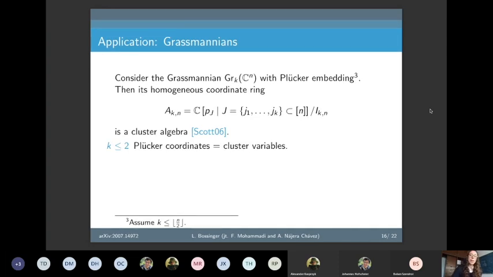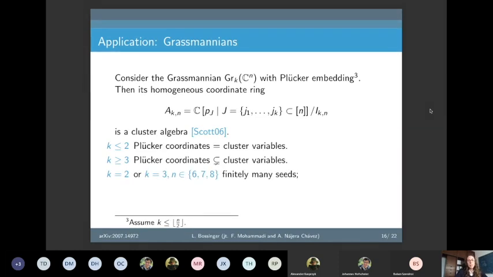If k is less than or equal to 2, then Plücker coordinates are in fact equal to all cluster variables. If k is larger than 3, then the Plücker coordinates are still cluster variables, but they only form a strict subset. And if I limit myself to the cases where either k is 2 or k is 3 and n is 6, 7, or 8, then I get finitely many seeds, as in the example we've seen for the Grassmannian Gr(2,5).